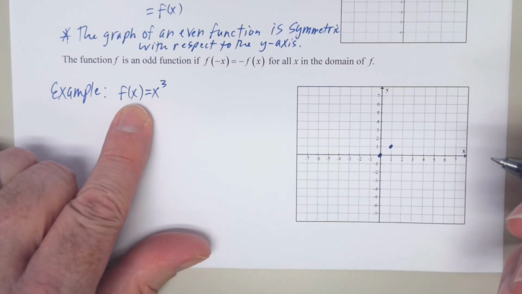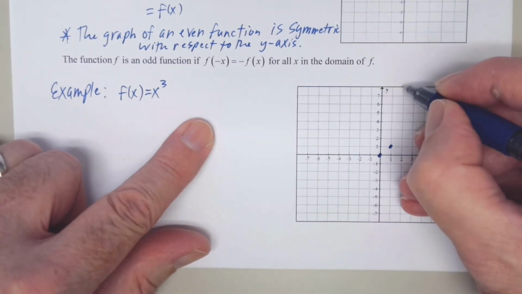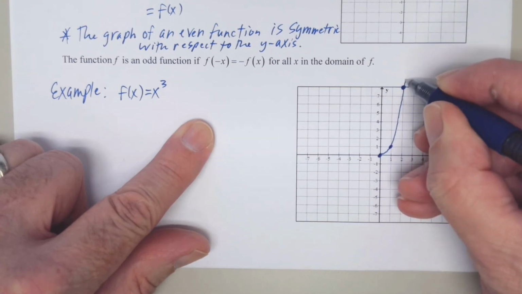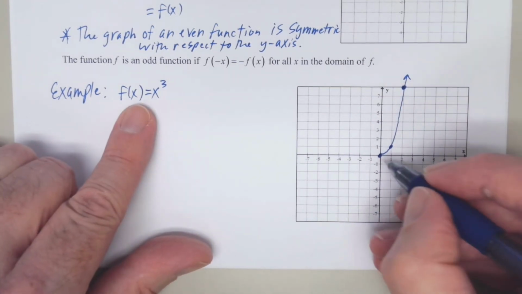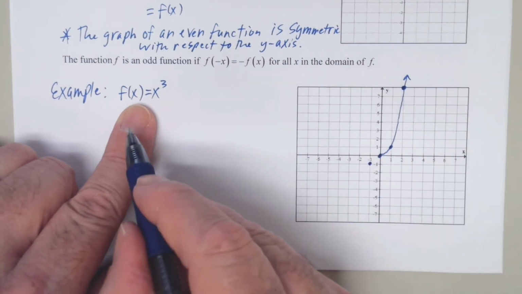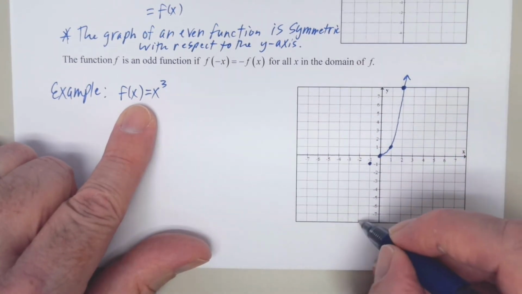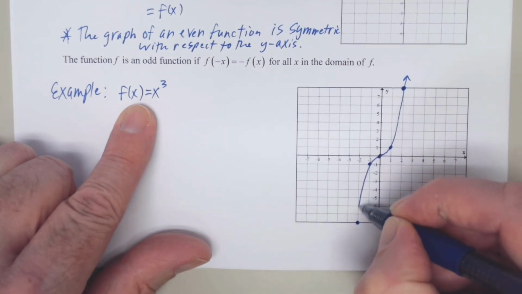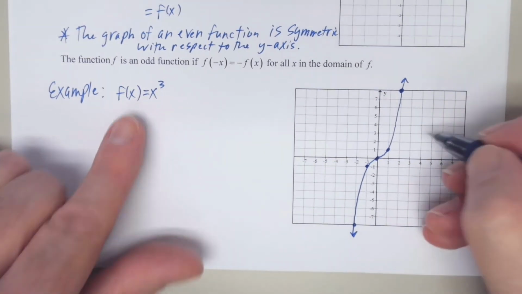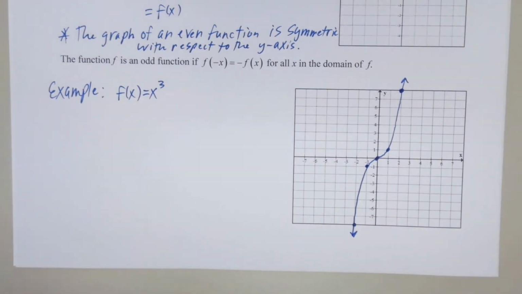If you plug in 2 cubed, that would be 8. So 2, 8 is on the graph. And then if you plug in negative 1 cubed is negative 1. If you plugged in negative 2 cubed is negative 8, and your graph would look like this. And this is what I call the John Travolta. It's the graph of f of x equals x cubed.